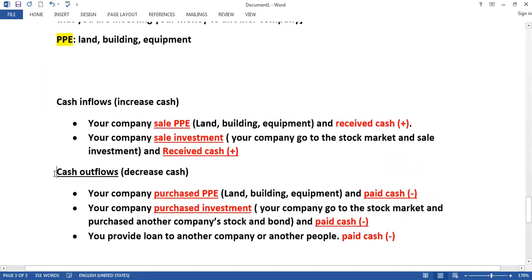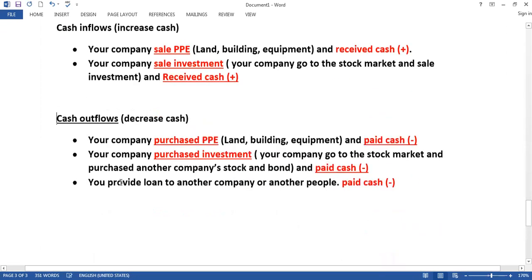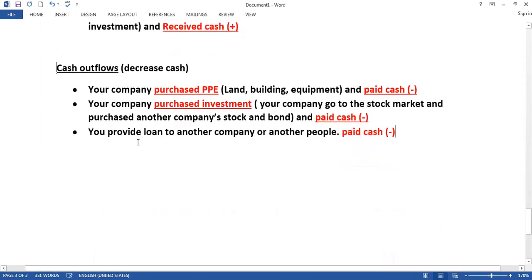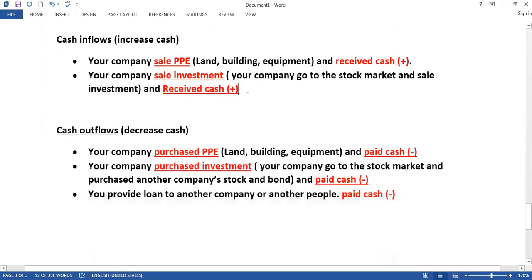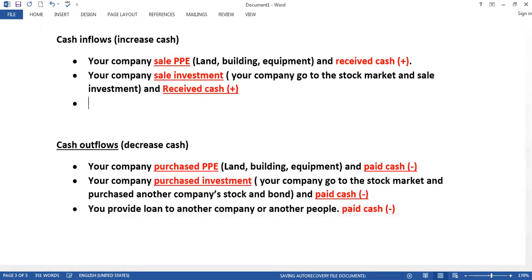Now, few days later, you collect the principal amount of loan.